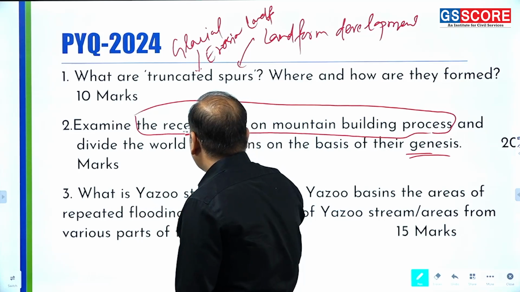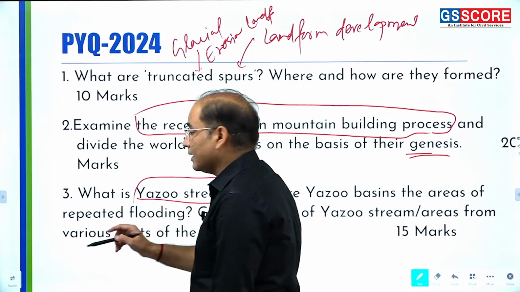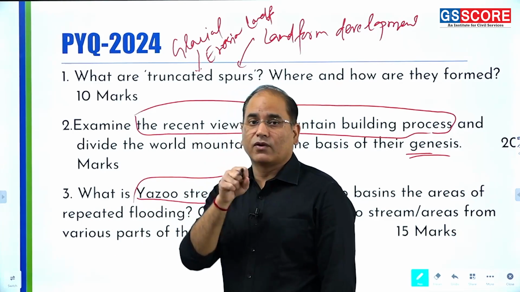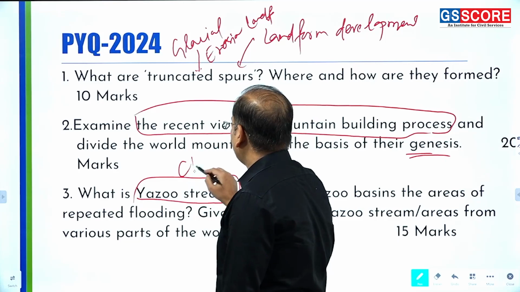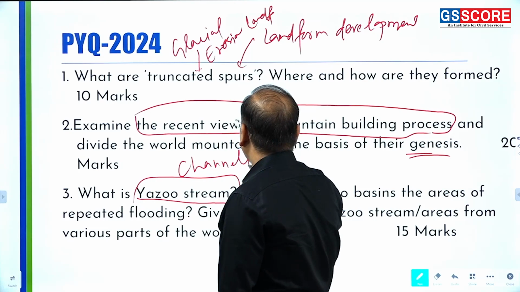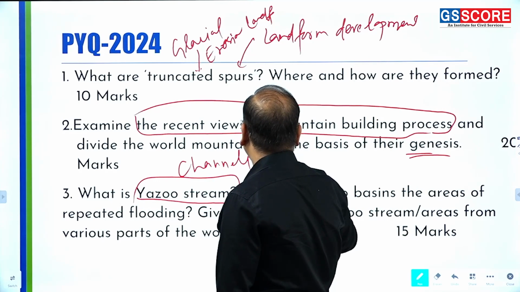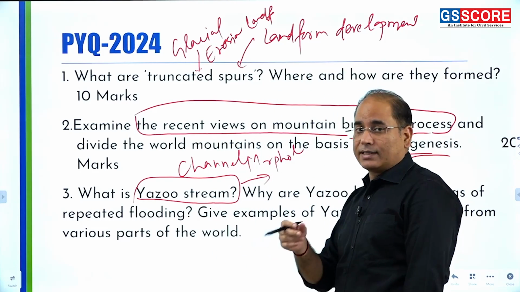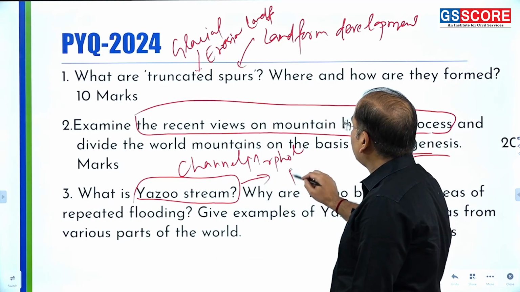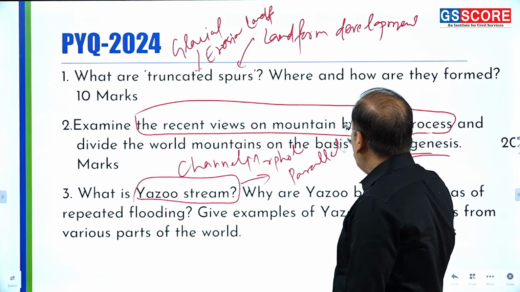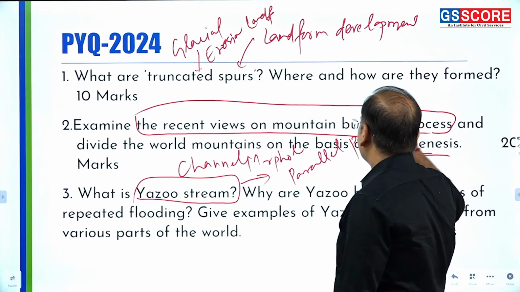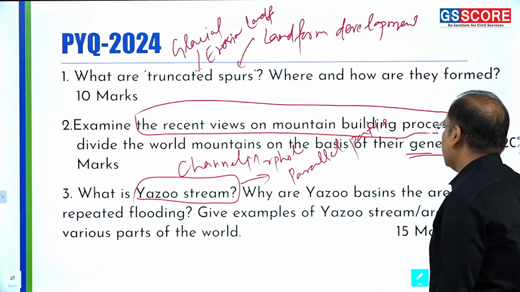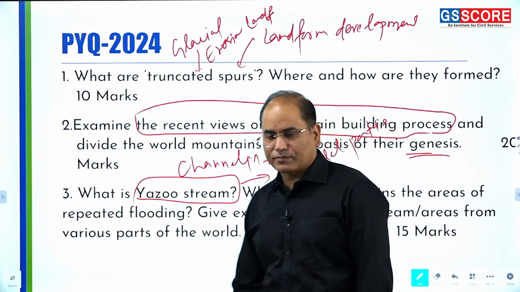Then what is Yazoo stream? Yazoo stream is also associated with channel morphology. The question is from the channel morphology topic. It is a kind of drainage pattern, and it is a parallel pattern. Why are Yazoo basins the areas of repeated flooding?